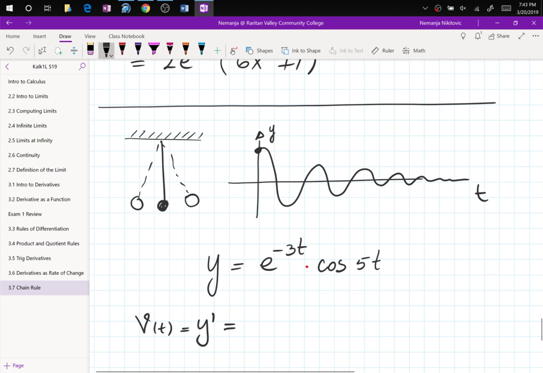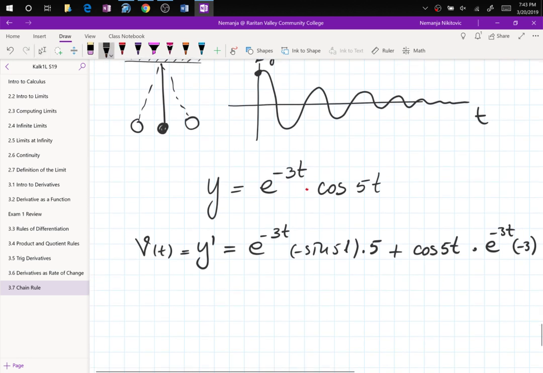So let's go. Copy the first, times the derivative of the second. The derivative of a cosine is negative sine 5t times 5, which is the chain, plus copy the second one, times the derivative of the first, and then times negative 3 for the chain. So now my velocity function, y prime, is going to be what?